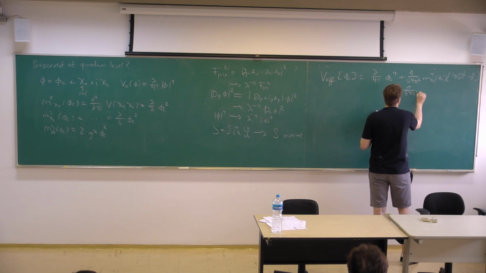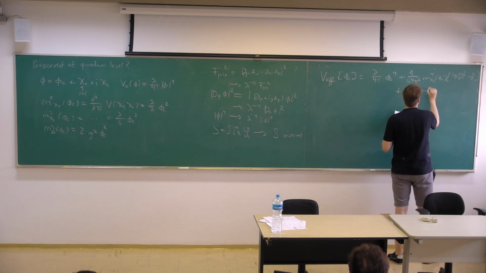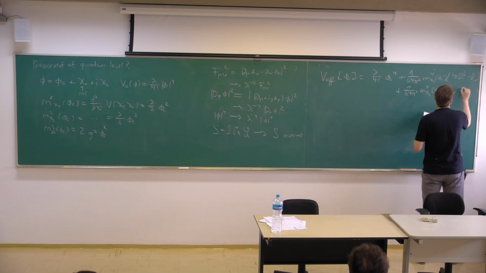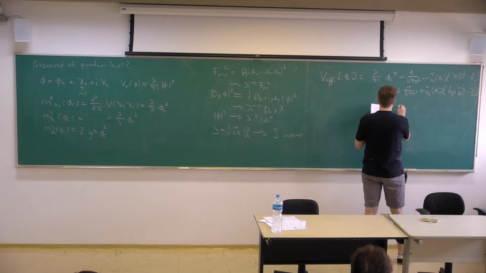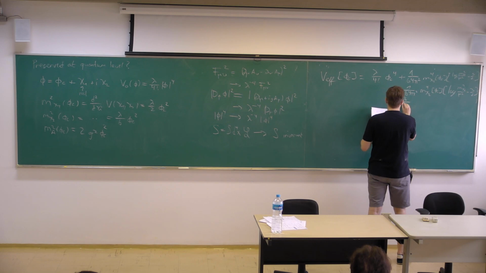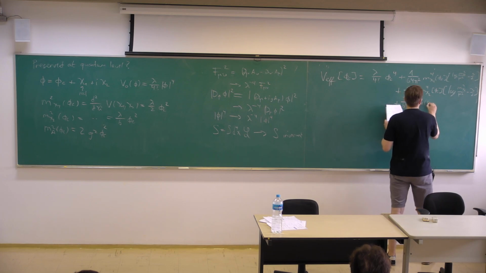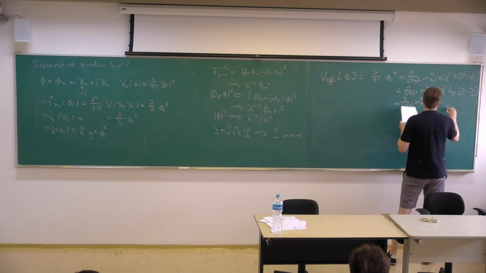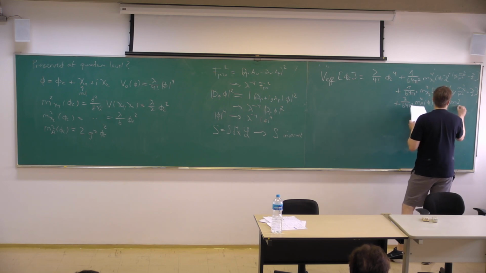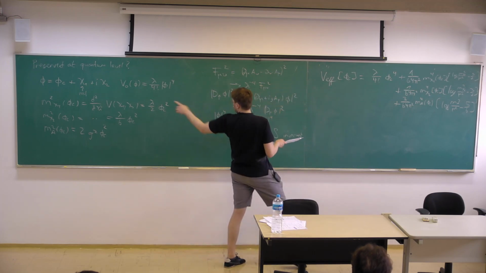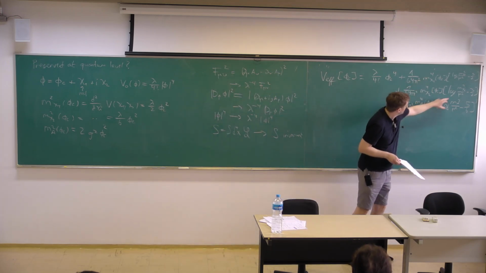I'm plugging these field-dependent masses into the master formula, and I get three one-loop contributions: two from the scalars and one from the gauge boson.